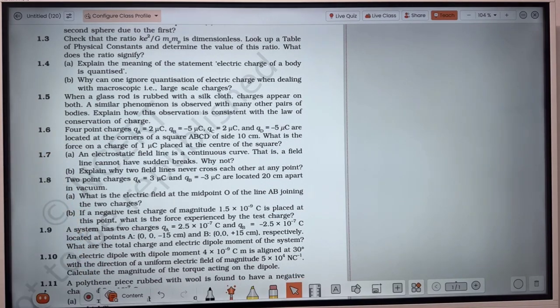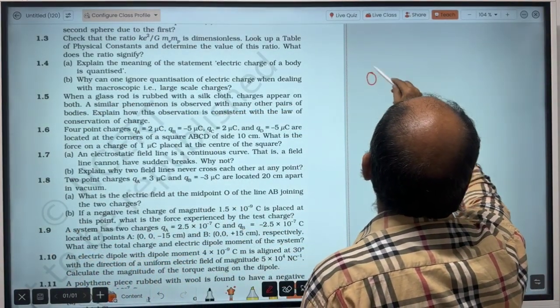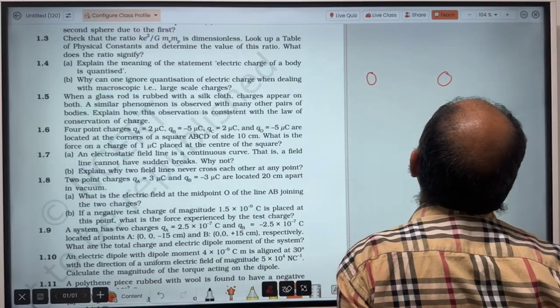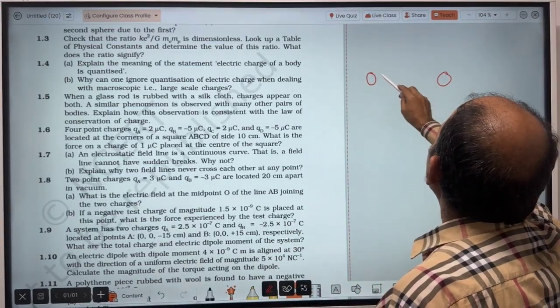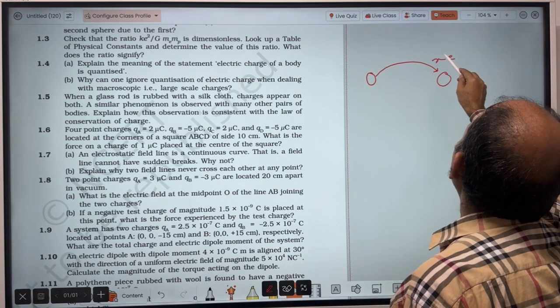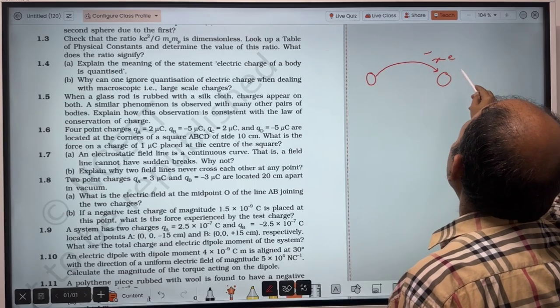So let's see what happens. Suppose there is one body here, another body here. If the two bodies are rubbed against each other, electrons being lighter, they get transferred. Suppose x electrons are transferred. So total charge will be minus xe on this body.